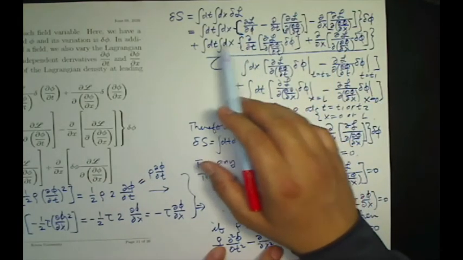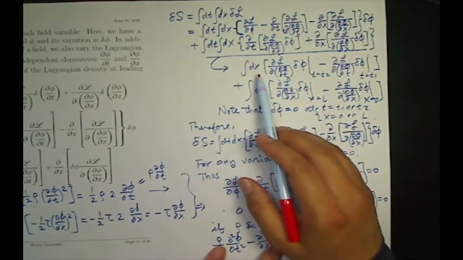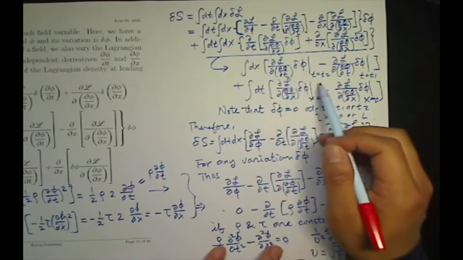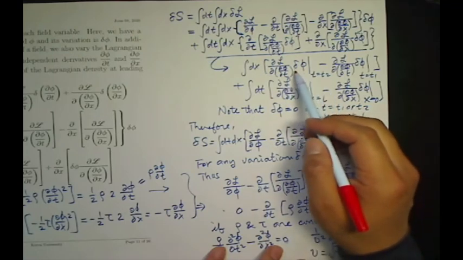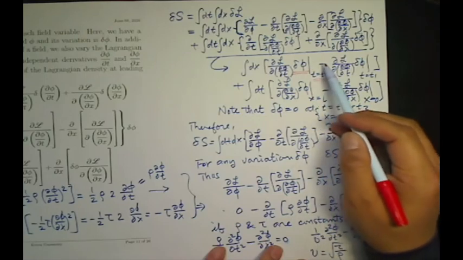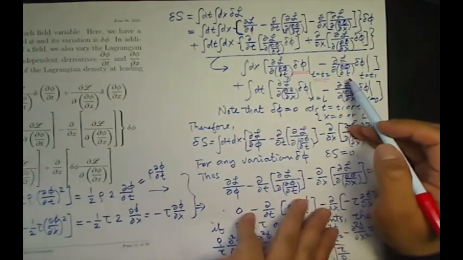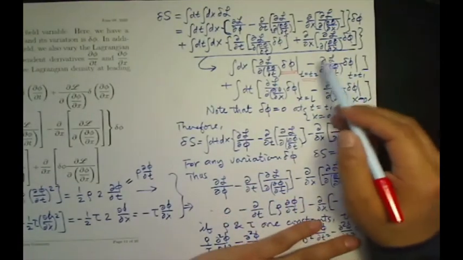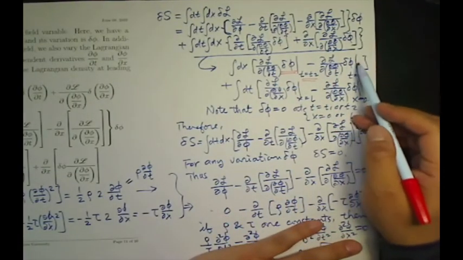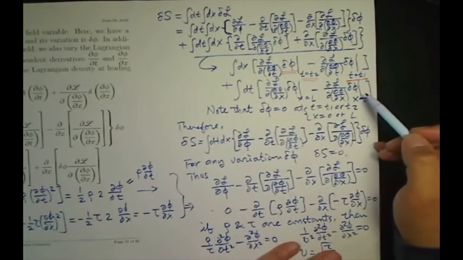This time integral can be integrated out, and we end up with the x integral. But after that, we have boundary values: this variation evaluated at t equals t2, subtracted by the conjugate momentum piece and the variation at the endpoint at t equals t1.